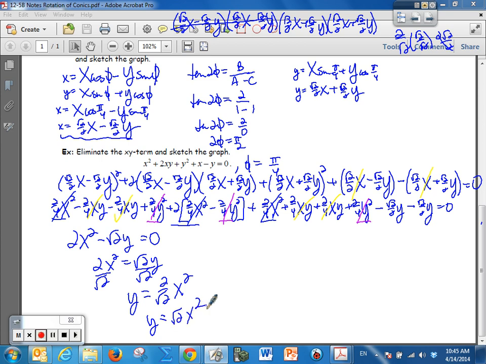Alright, so let's graph it. I'll just wedge it right up here. Our phi is 45 degrees, so we still have those guys going on. My center is at 0. It's going to go up, and so it's going to look something like that.